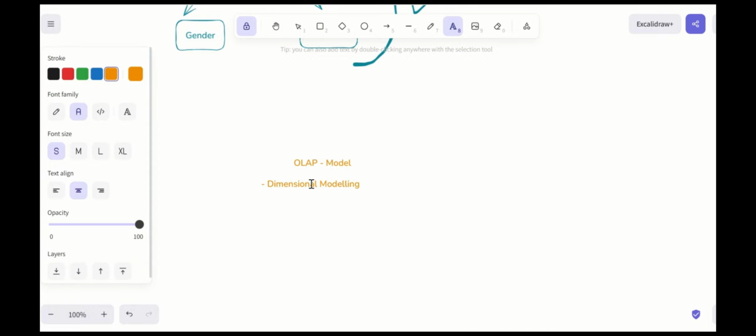And in this model, we use the concept of facts and dimensions, where we are going to build fact tables and dimensional tables.